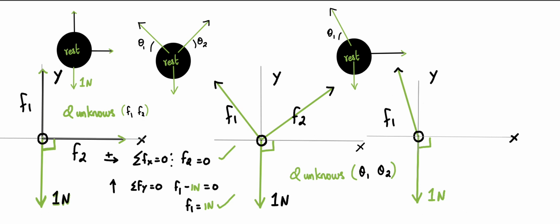Similarly for the next case, F2, the direction is completely specified, the magnitude is unknown. So here the two unknowns are: for one vector we don't know the direction, for the other vector we don't know the magnitude. I'm going to solve these two cases in the next video for the next slide.